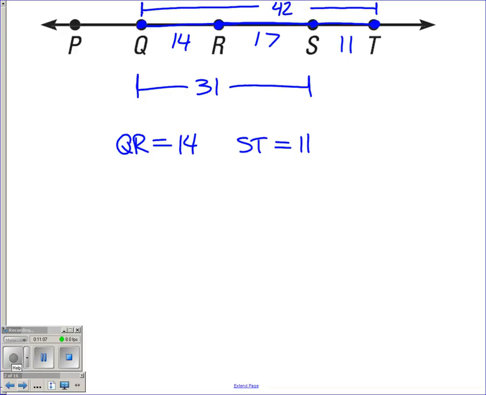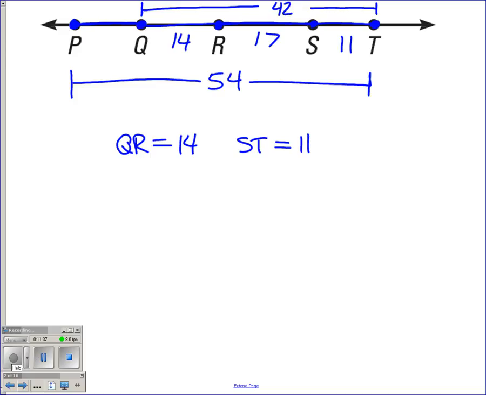And then finally, the very first piece of information that we had, PT was equal to 54. Well, if we know that PT all the way from here to T is 54, and we know that Q to T is 42, what does that leave for this segment from P to Q?